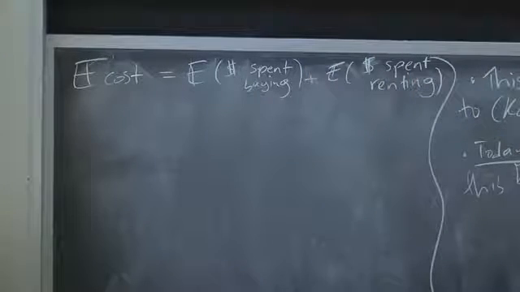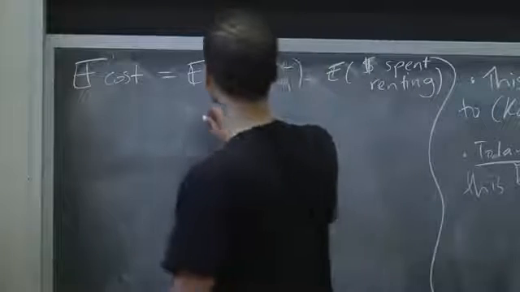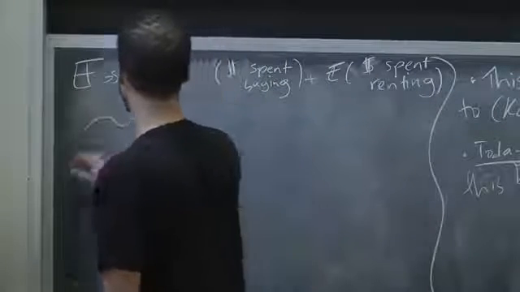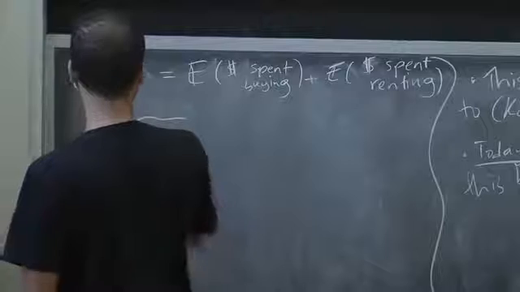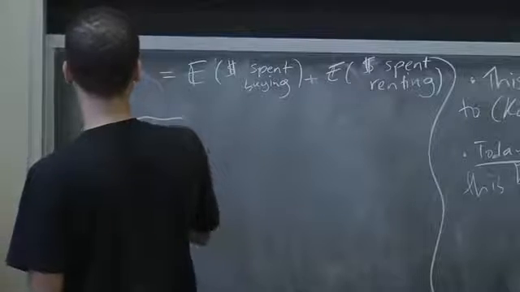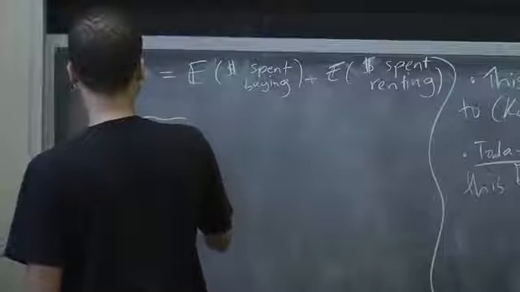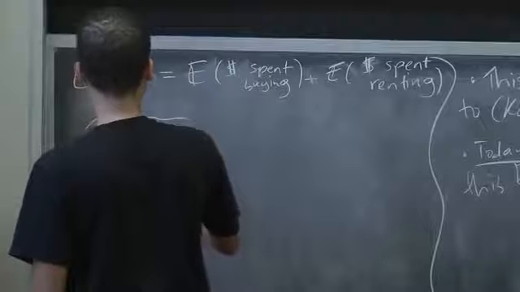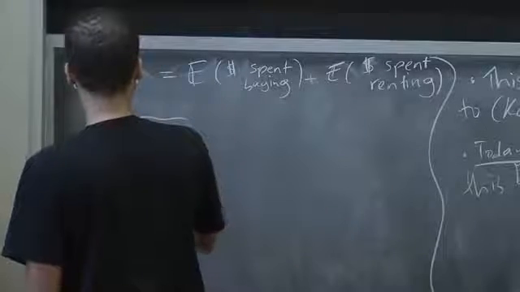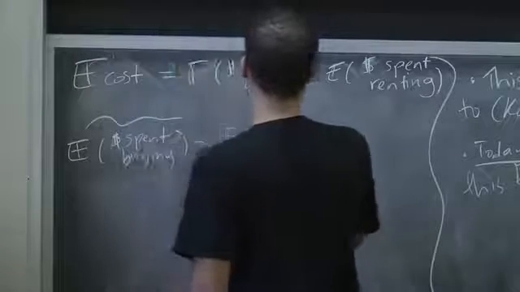Now the expectation of the money I spent buying is just equal to b times the probability that I buy.